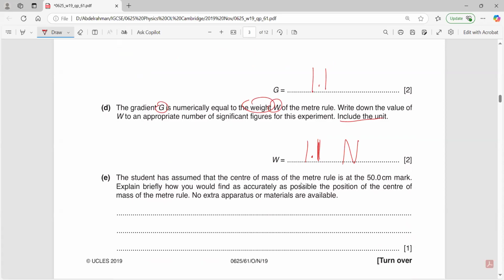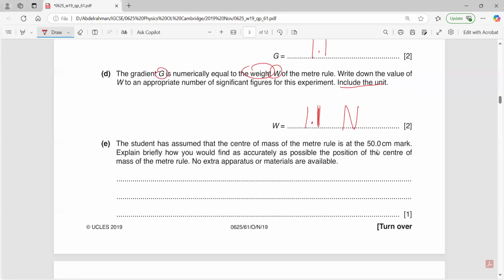All you need to do is simply remove the mass and balance the ruler without the mass.